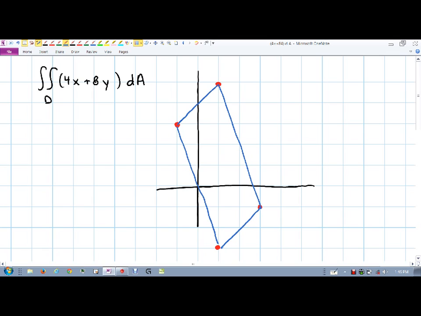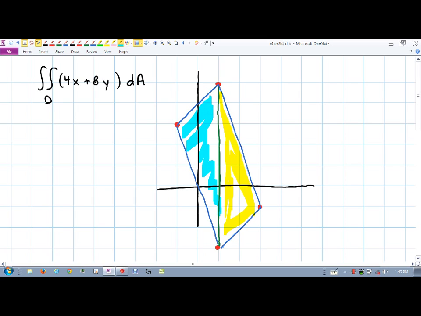All right, do you see the challenge of D? Do you see that it's not a very pretty type 1 or type 2 or polar region, right? It's a little complicated. Now, could you do it as type 1? Could you break this thing up? Yeah, you could. You could probably split it right there, couldn't you? And you could do this one as its own region and then this one as its own region.